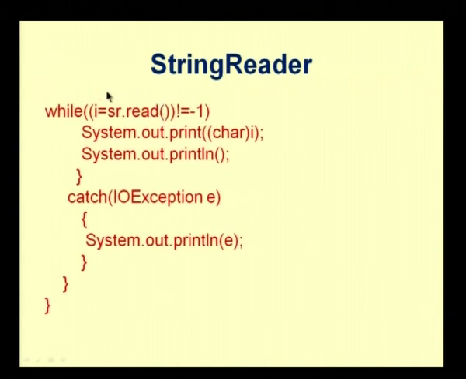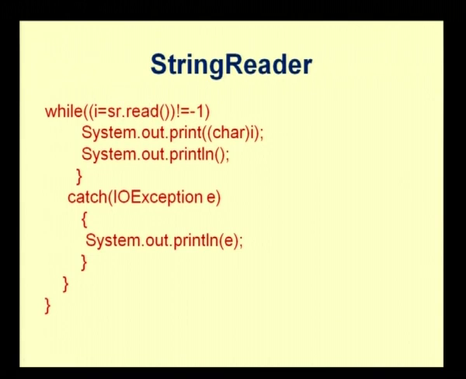This is going to give me an integer which will not be equal to -1, which means that is not the end of the string. Now System.out.print, I am printing one particular character taken from the string. So this read method will return, one by one, the characters available in the string.